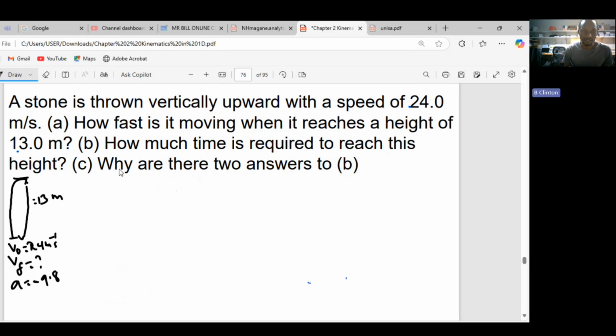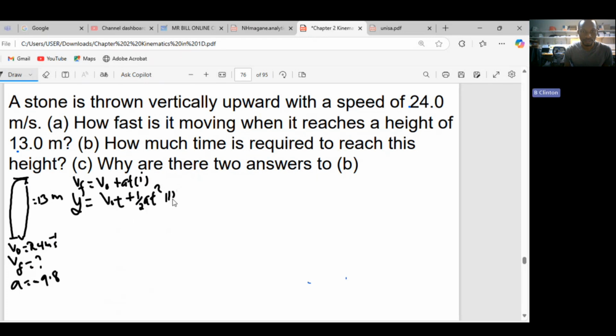So let's write these kinematic equations. We can say Vf is equal to V naught plus at. Let's call this our first equation. And Y, which is the height or the distance, is equal to V naught t plus half a t squared.